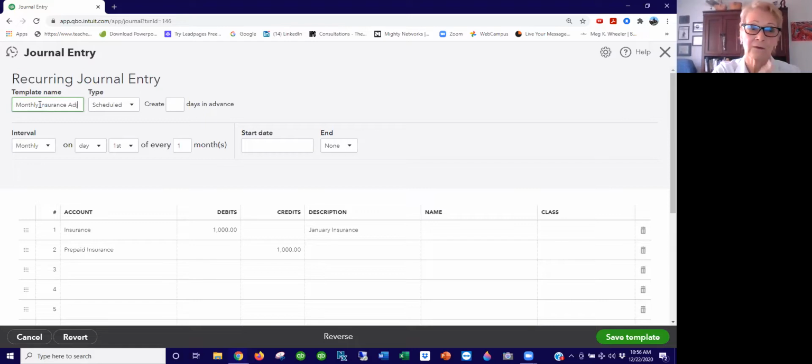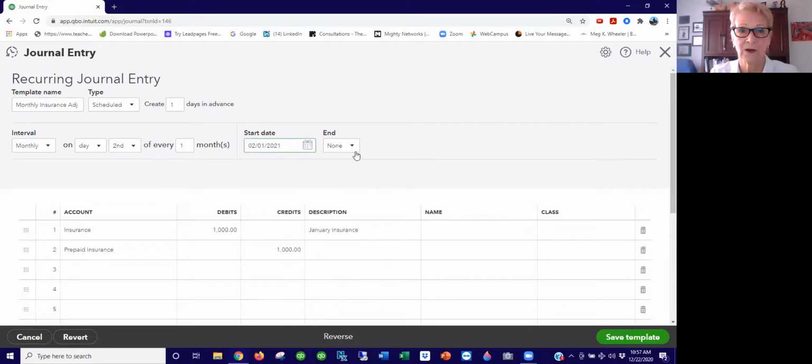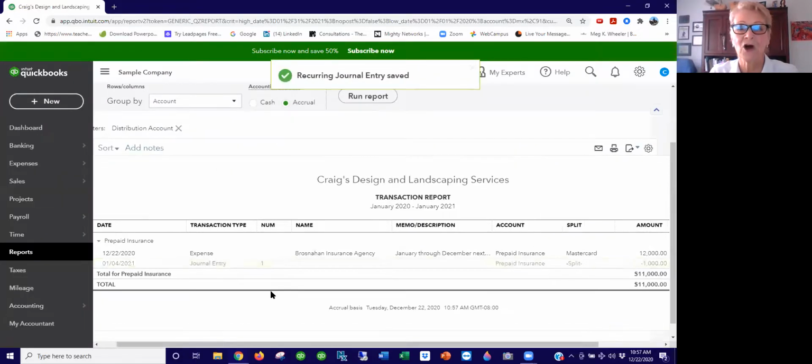It's an adjustment because we already did pay it, and we don't need to schedule it one day in advance, but monthly on the second day of every month. Now that we've entered January's, we'll enter February, and it ends by December 31st of the following year. And so this becomes saved, and it's automated, and it can be recurring. So every month you now have a journal entry.